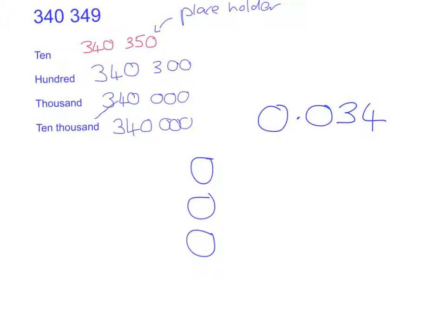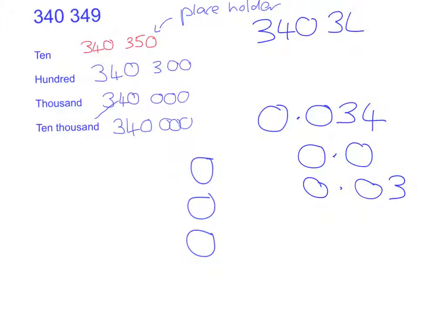Whereas with this number, if I wanted to round it, I would maybe round it to 1 decimal place, which would be 0.0. To 2 decimal places would be 0.03. Whereas if I did the original number to 2 decimal places, well, that wouldn't round it at all. It would just put a 0.00 on the end of it.